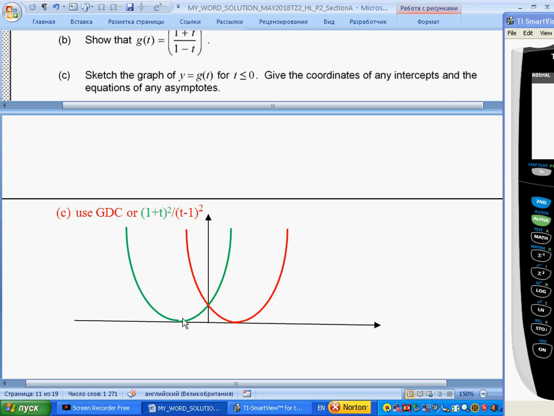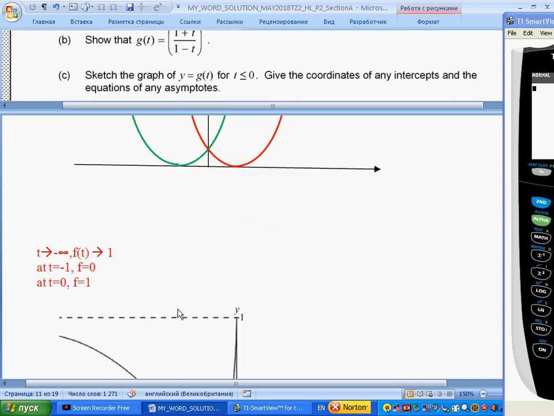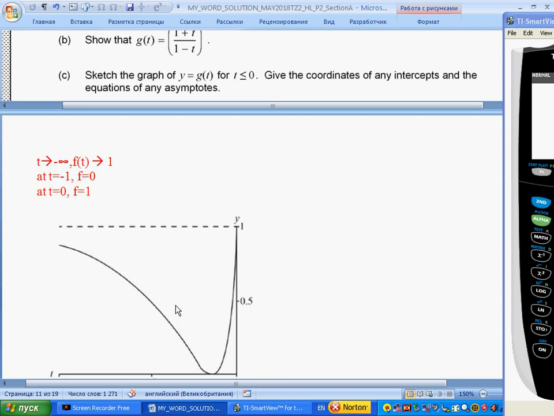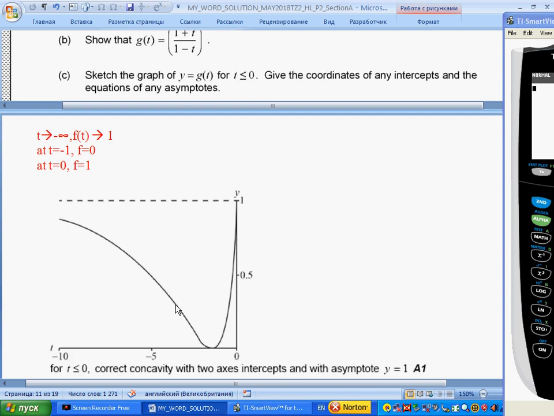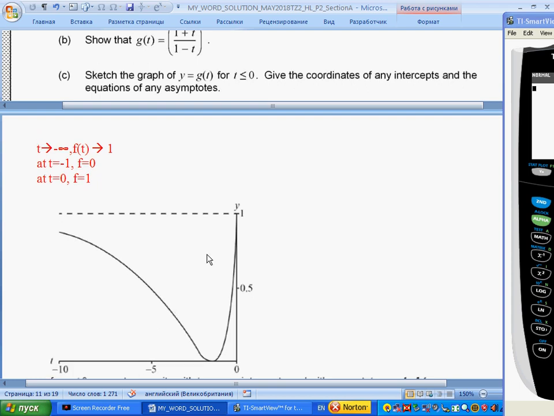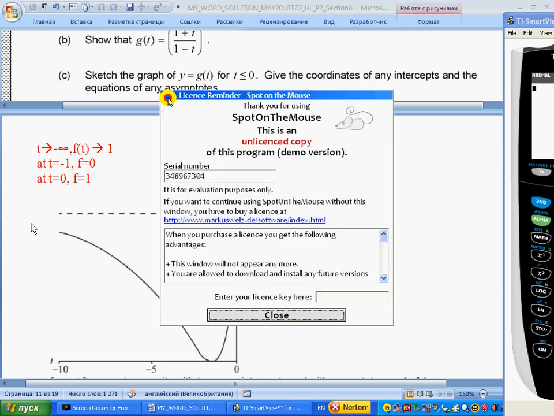Here, at point t minus 1, you have 0. And let's see what we have. Right, okay. And at point 0, you have 1. So you have 1 here, you have 0 here, you have an asymptote, which is also 1.